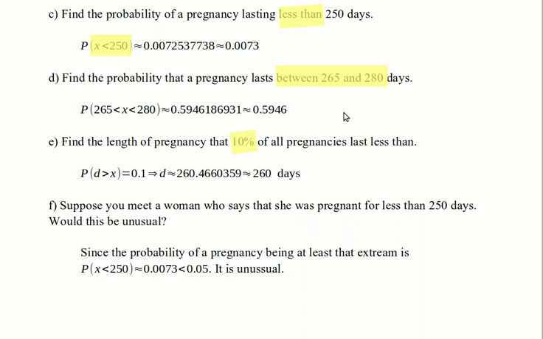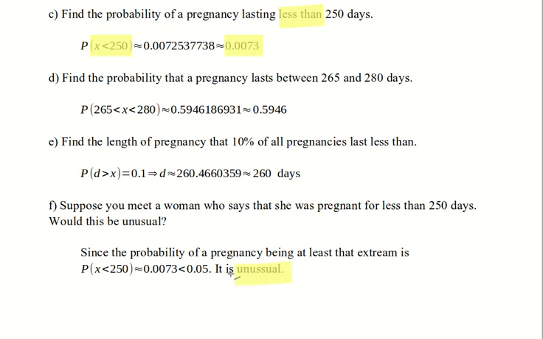Notice that we're comparing that to a question that we already did. We already asked the question, what is the probability of a pregnancy lasting less than 250 days? And we determined that that probability was less than 1%. And this fits our definition of being unusual.